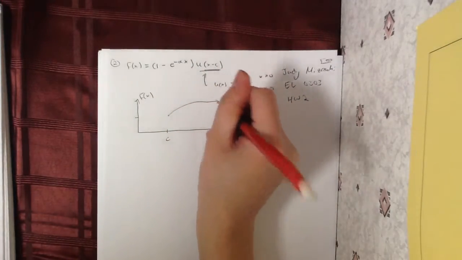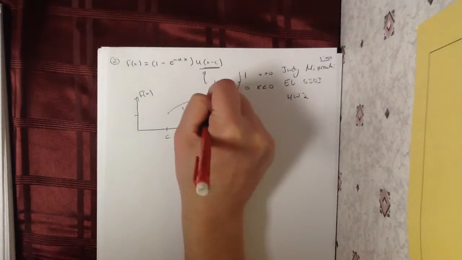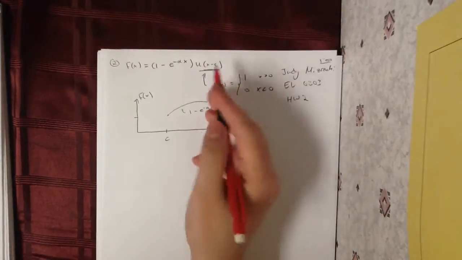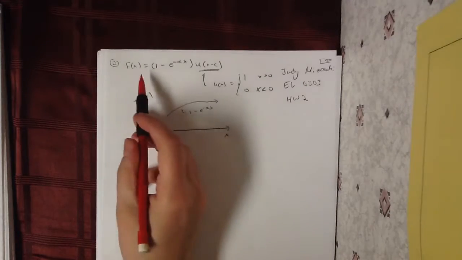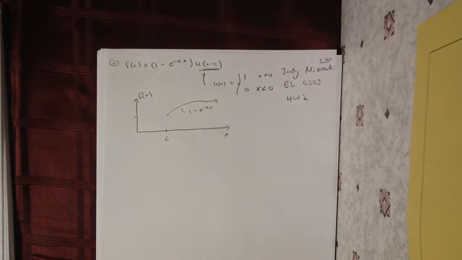It's not the best drawing, but you get the idea. This is 1 minus e to the minus alpha x, and it cuts off here because all this does is say that the function is only valid when x is bigger than c.